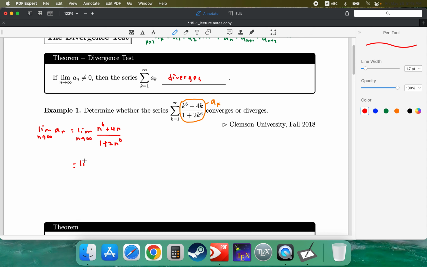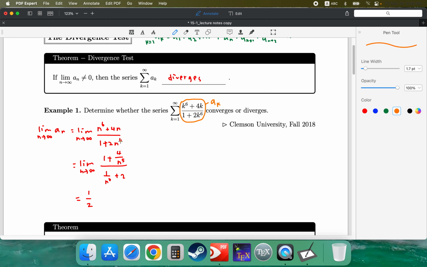If I divide by n to the 6, I get 1 on top, 4 over n to the 5th, and 1 over n to the 6 plus 2 on the bottom. When n goes to infinity, these go to 0, so you have 1 over 2.